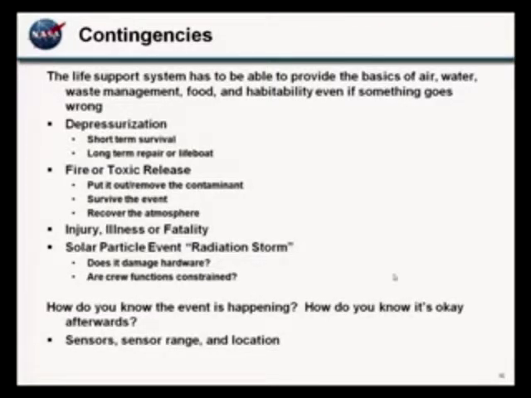And then the last one, solar particle event storms. I know radiation, I think, has been a big part of what you've heard about so far. Within life support, we usually think about the galactic cosmic radiation as kind of always there. So either you've designed for it or not. But the solar particle events are more temporary.